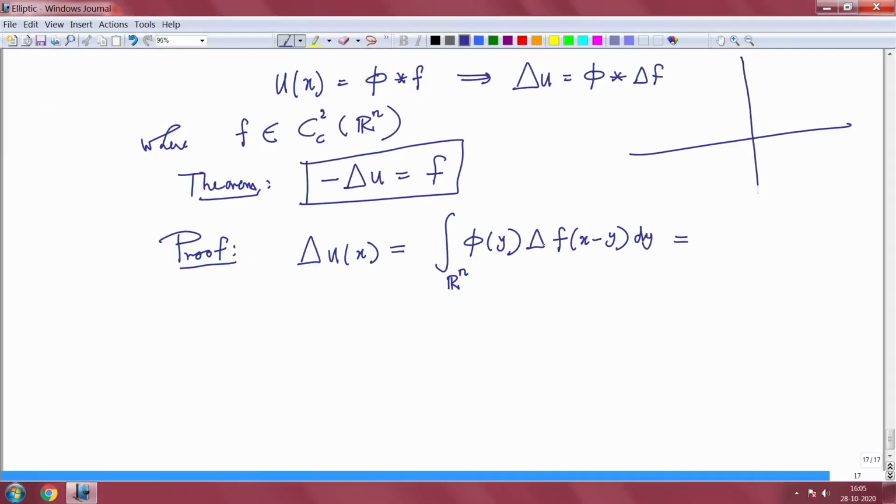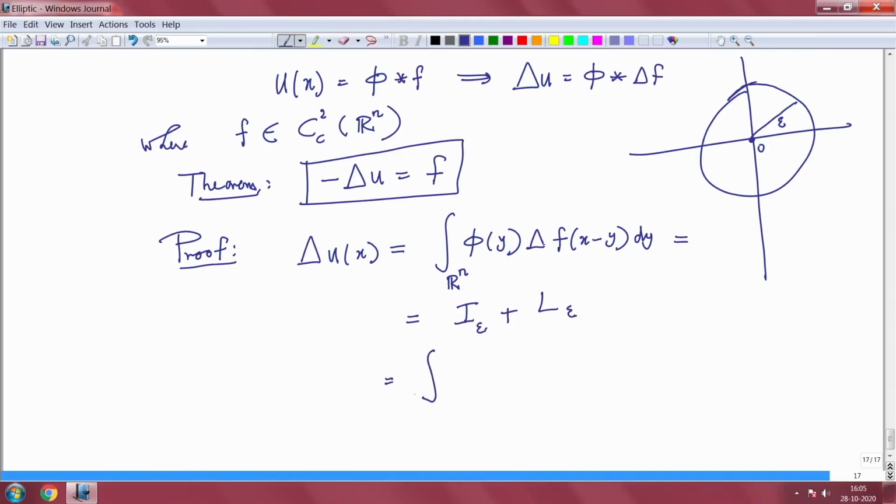I will take a ball here, and this is the origin. I consider a ball of radius epsilon. You have to understand the normal and all that. I will write this as I_epsilon plus L_epsilon. And what is my I_epsilon?